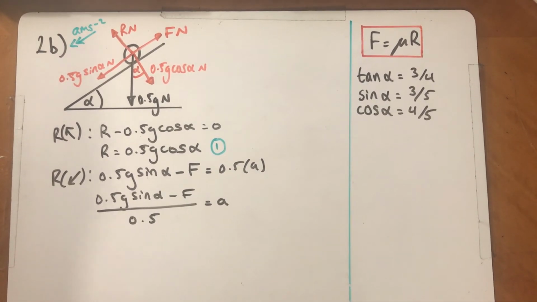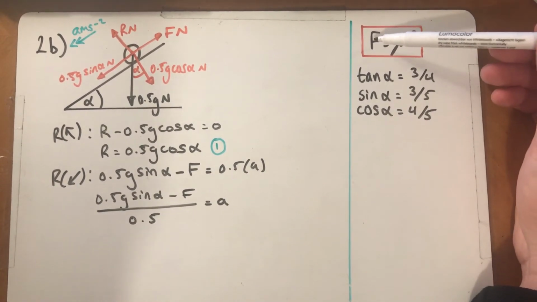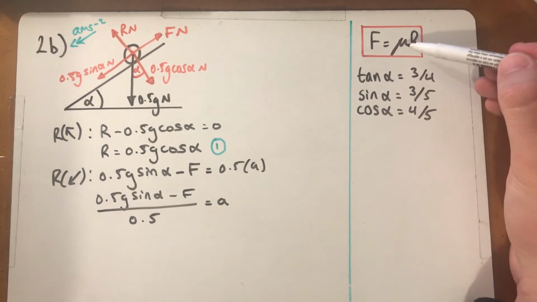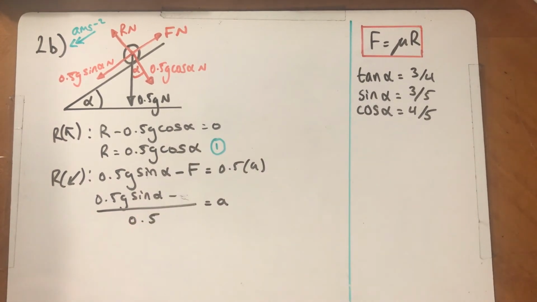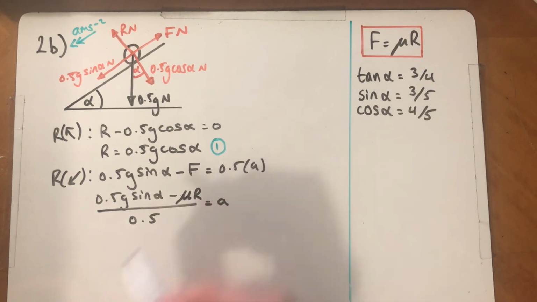Just like in part A, F is equal to mu R. So the frictional force is equal to the coefficient of friction times the reaction force. So I can replace F with mu R in my equation.